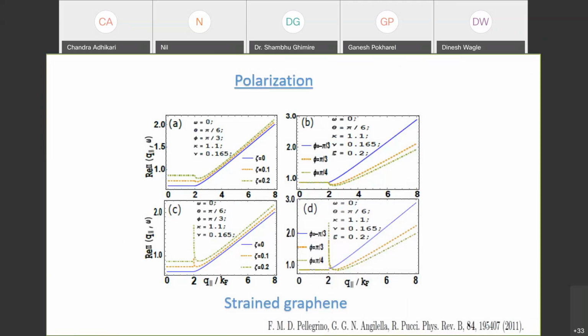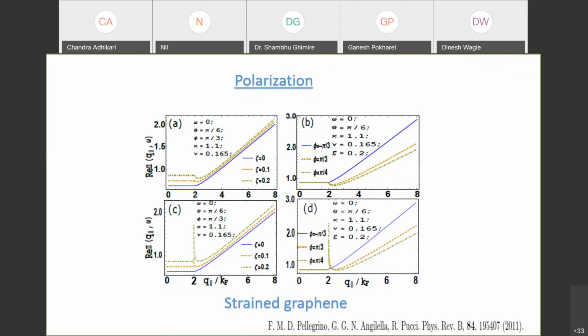In slide A, we have the polarization for different strain. When we have no strain on the graphene, the blue line shows it is constant up to twice K Fermi, and it increases monotonically. But when we increase the strain in graphene, the value of polarization increases slightly.